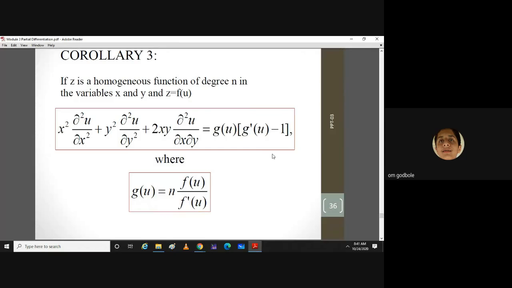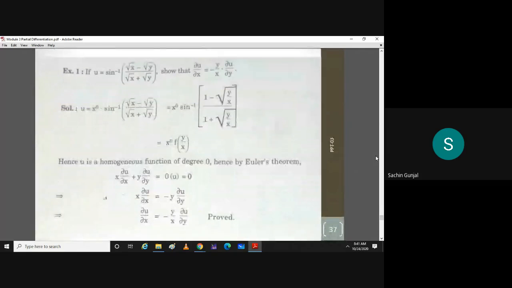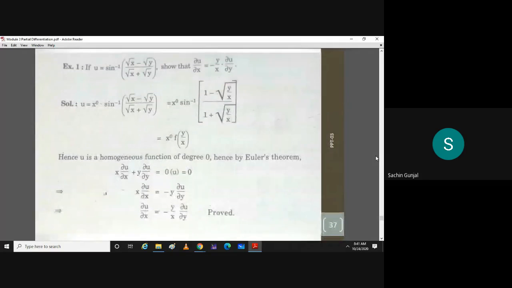Okay, fine. So let us go to examples. u is sine inverse of (root x minus root y) upon (root x plus root y), and you have to show that x ∂u/∂x equals minus y ∂u/∂y.